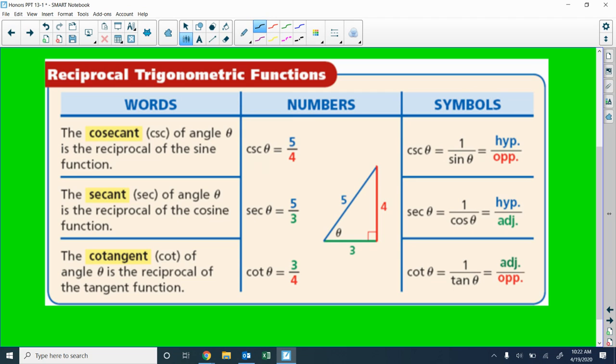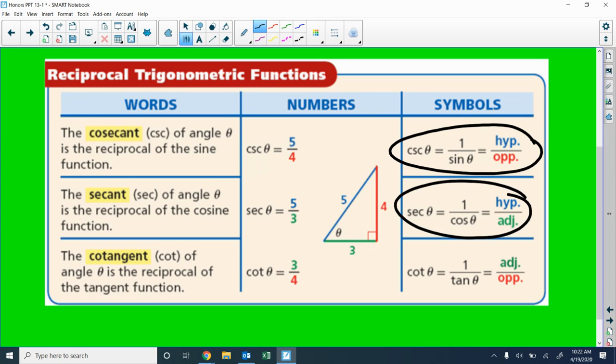Your cosecant goes with sine: one over sine, or hypotenuse over opposite. Your secant goes along with cosine, and it's going to be hypotenuse over adjacent. And then your cotangent is adjacent over your opposite.